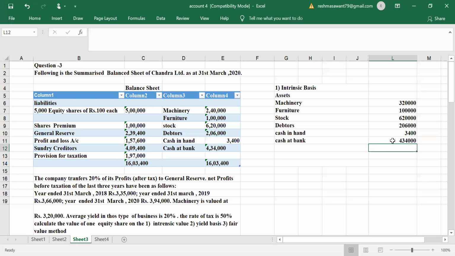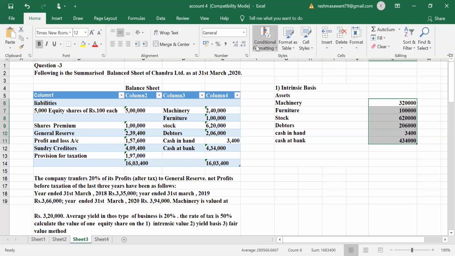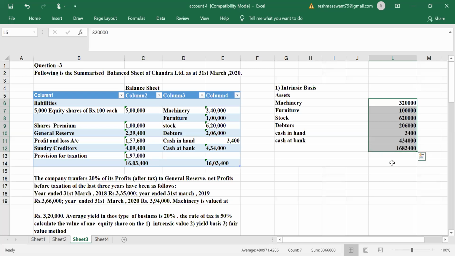So this is the amount of your total assets, including whatever changes must be recorded according to the adjustment value. Adding these headings, the auto sum is rupees 16,83,400, which is the value of your assets.